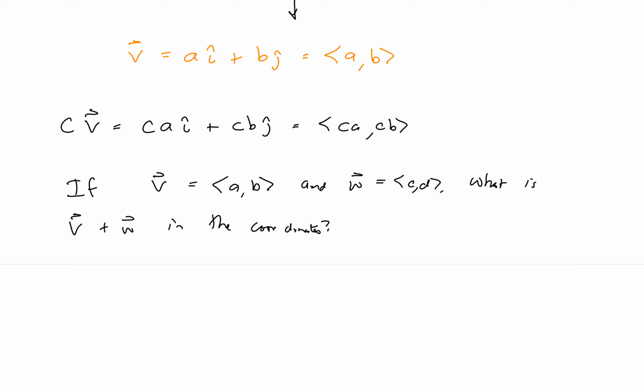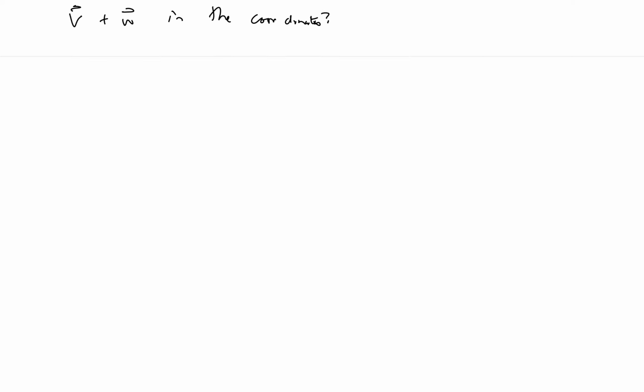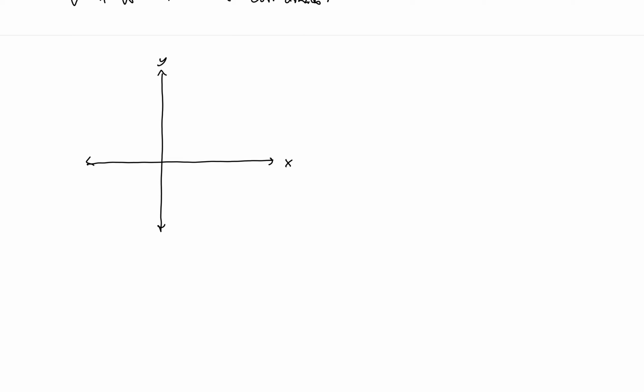Well, we can figure this out by drawing pictures here. So let's start just by illustrating our vectors here. So let's say I have v here, this is (a, b), and then maybe w looks like this, and this is (c, d). Now remember, we can place these vectors wherever we like.